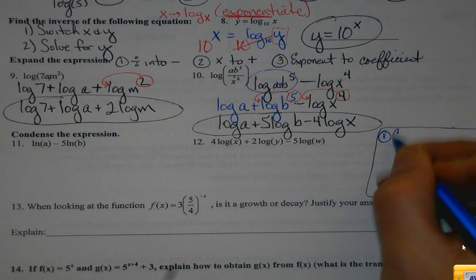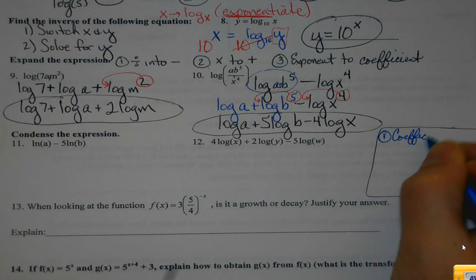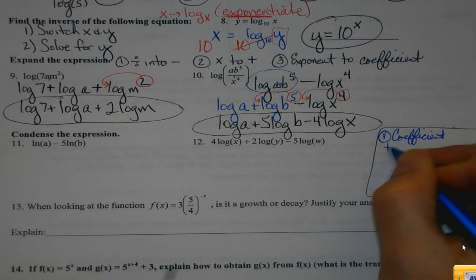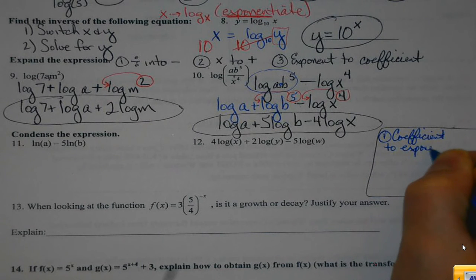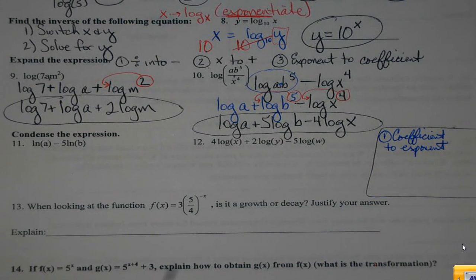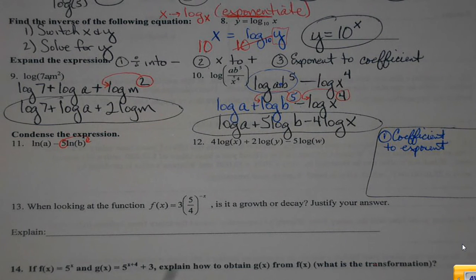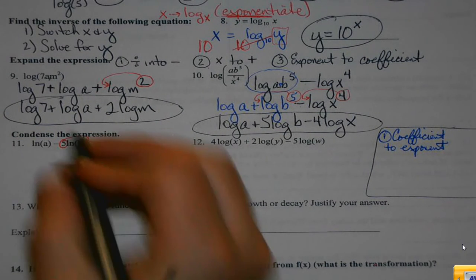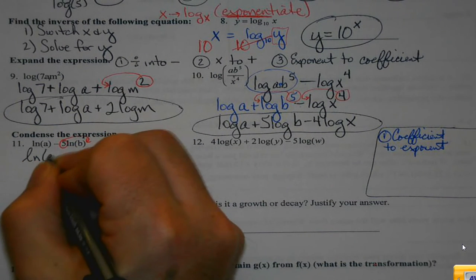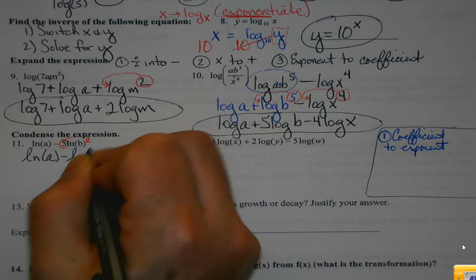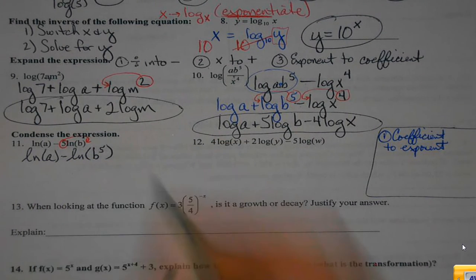So 1, I do coefficient to exponent. If I have a number in front of my log or natural log, they work the same way. My first job is to get that turned back into an exponent. So like on number 11, that 5, and again, don't take the negative with it, just the number. So I end up with b to the 5th.